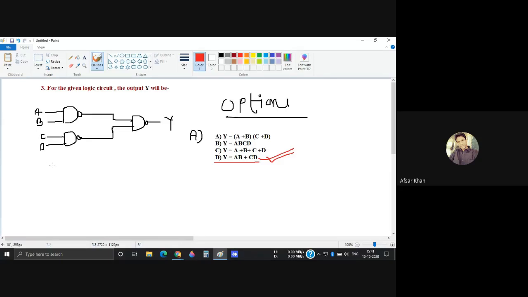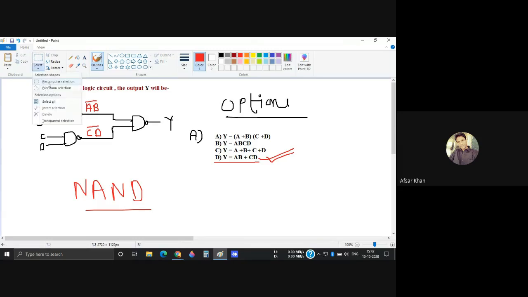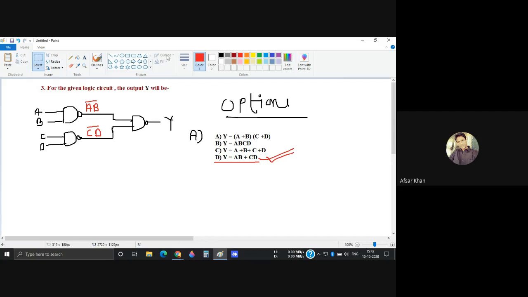If you have not got this, I will tell you. See here, all these gates are NAND gates. The first NAND gate with inputs A and B gives (A dot B) bar, and the other gives (C dot D) bar. At the output you get ((AB) bar dot (CD) bar) whole bar.